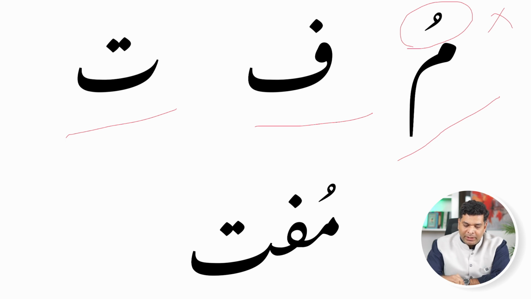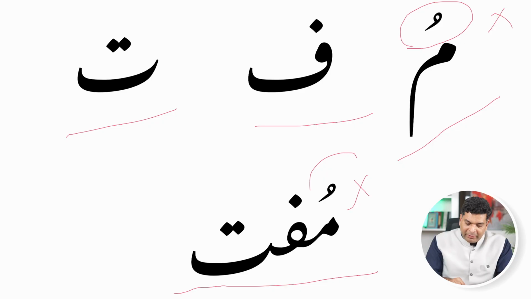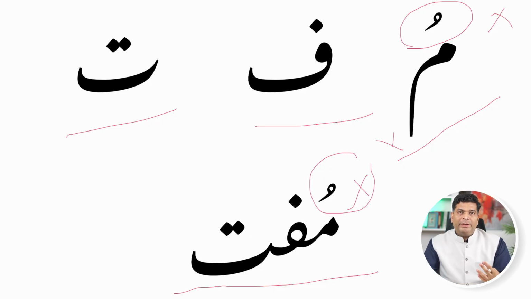But because I have put pesh here, it becomes mu, and it becomes muft. Again, contextually, even if I don't put pesh here, I know there is no word in Urdu called maft, so I can figure out it is muft, even if we are not defining it here. Eventually it's possible that we may not write it, but still be able to figure it out, right? So it's just about practicing, understanding, and expanding your vocabulary.